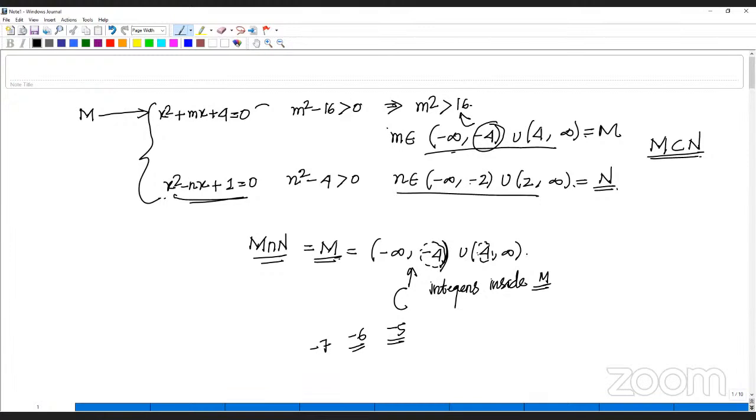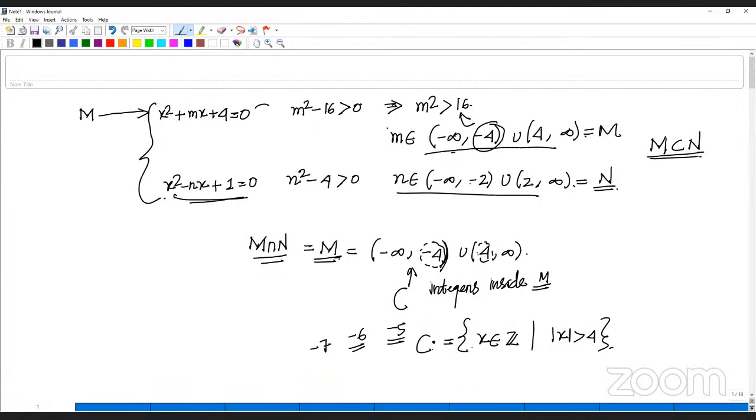Okay, then how do I write this? Well, take the set of all integers, let's say x in Z, such that mod x is greater than 4.